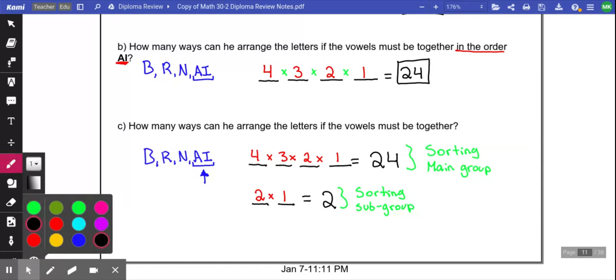To get your answer, you then multiply the 2 groups together because you want to sort the main group and sort the subgroup, giving me a total of 48 combinations in which I could sort the letters in brain where A and I are together in any order.